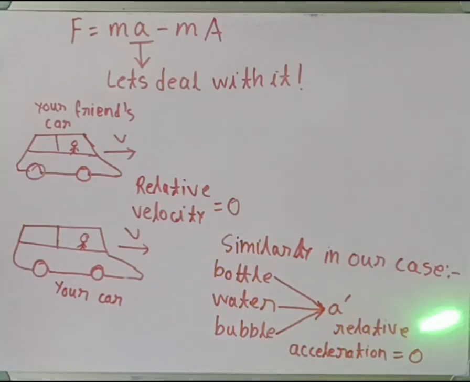Similarly, in our case, as the bottle, the water and the bubble, all three that constitute the system, are moving with an acceleration of a dash, then from the previous example it is clear that the relative acceleration of any of them with respect to another will be 0, because they are moving with the same acceleration.